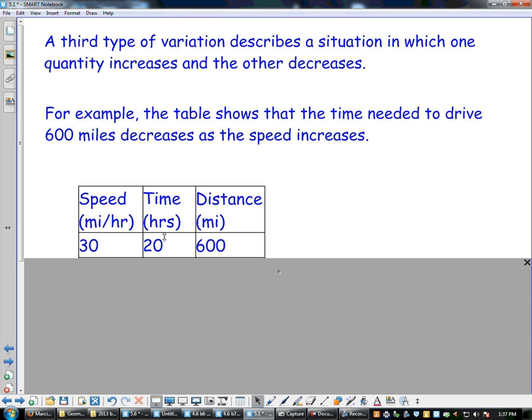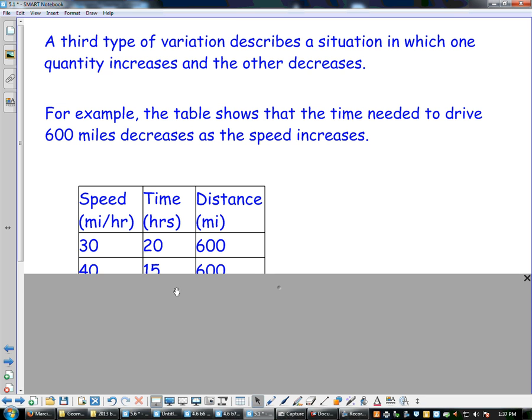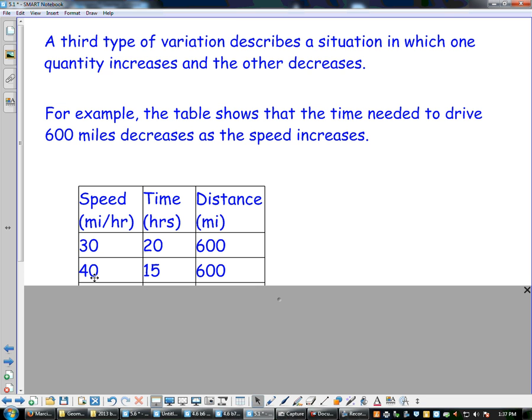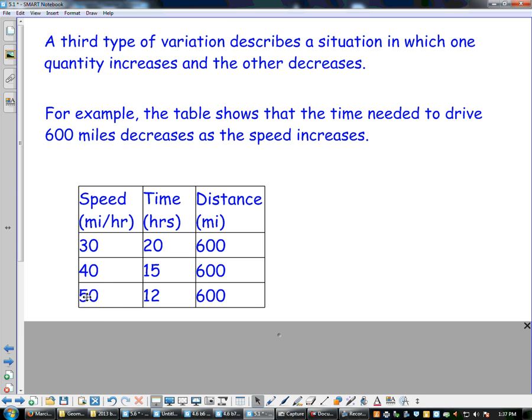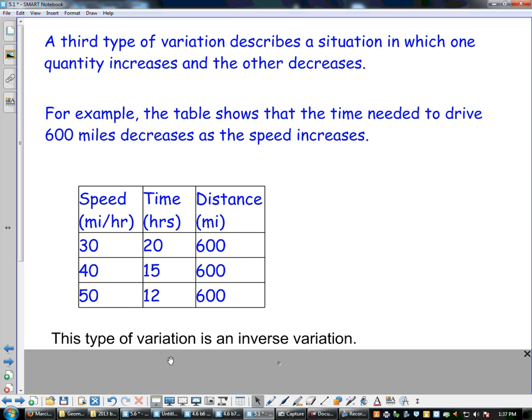It would take us 20 hours to get 600 miles because 30 miles per hour times 20 hours would be 600 miles. If we increase our speed to 40 miles per hour, we would only need 15 hours to go 600 miles. And if we increase our speed to 50 miles per hour, we would only need to be traveling for 12 hours to reach 600 miles.